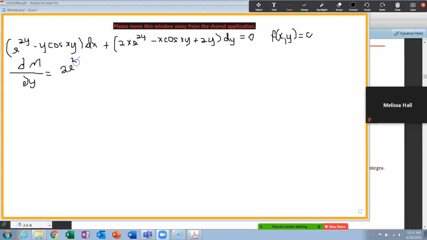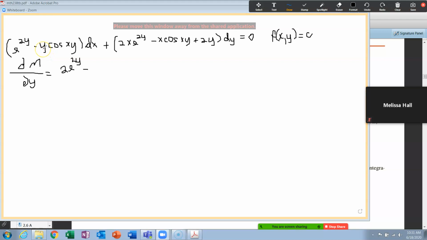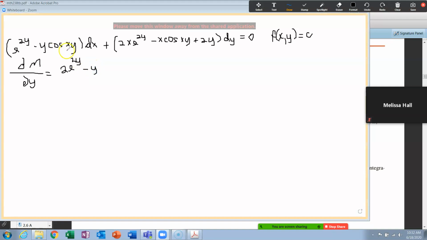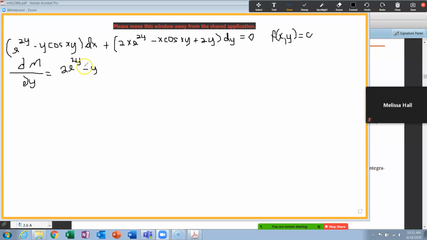Chain rule, and that was only a function of y, so that's perfectly legitimate, minus, we have a product rule here. I don't know how you like to do the product rule, but let's just do the first, that's just going to be a y times the derivative of the second. Well, derivative of a cosine is a minus sine, so that's going to make a minus here.